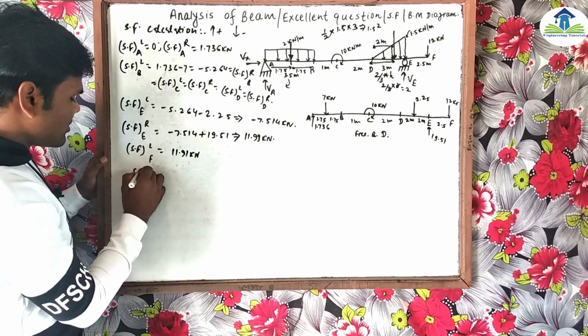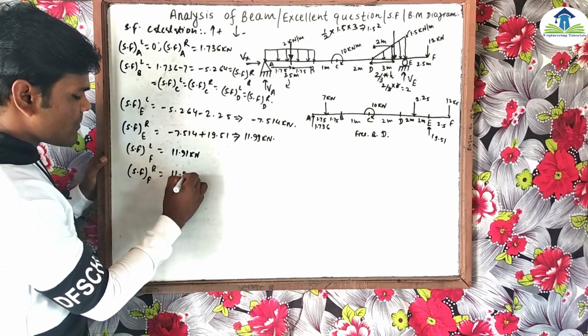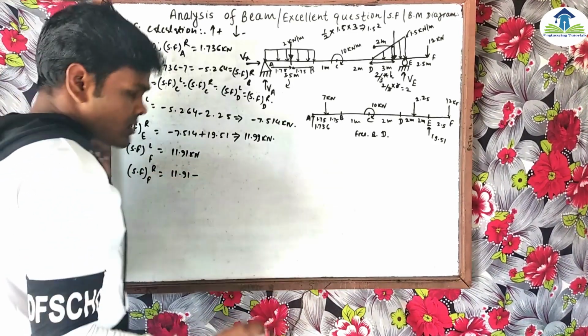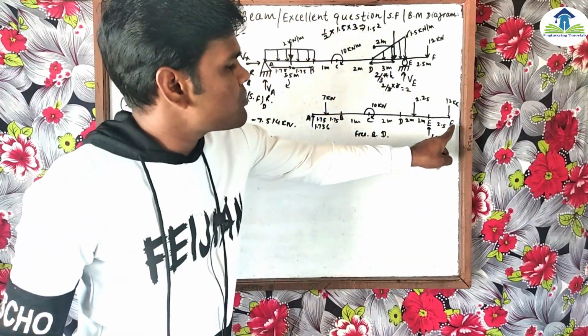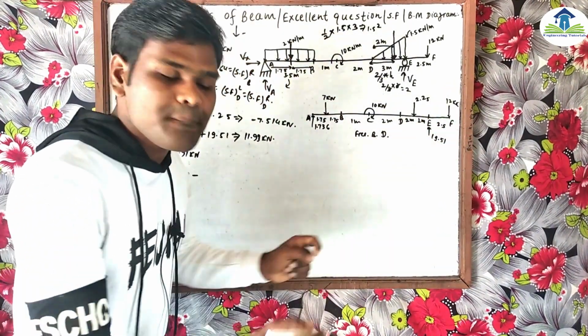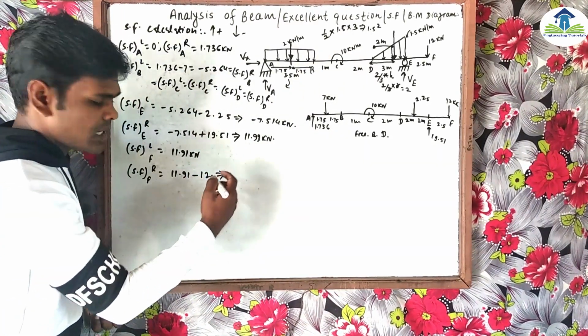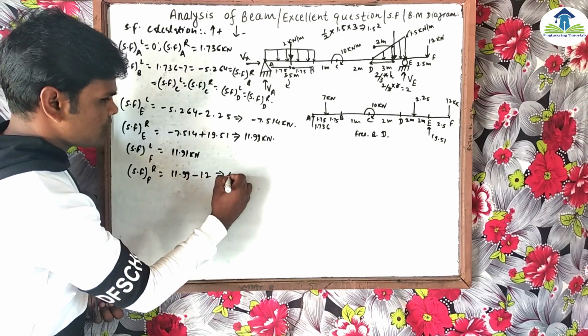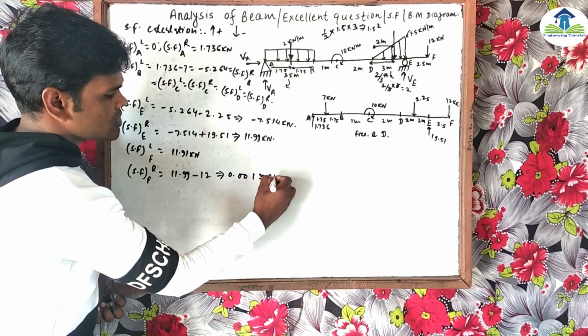The shear force at F on the right side: 12 kilonewton force is acting exactly at point F. This will be a negative force. If we calculate this value, we get 0.001, which is nearly equal to 0 kilonewton.